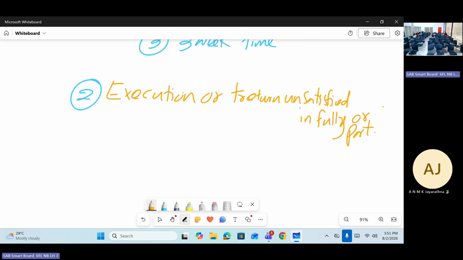Now, a very simple concept. This order is named as execution order.